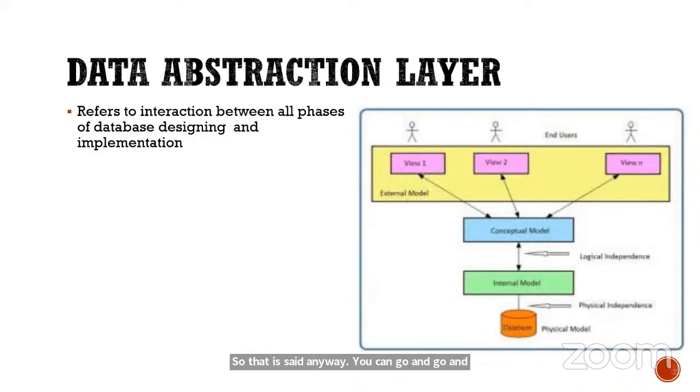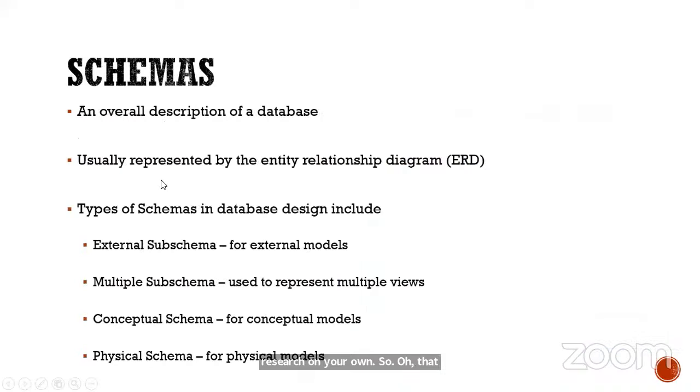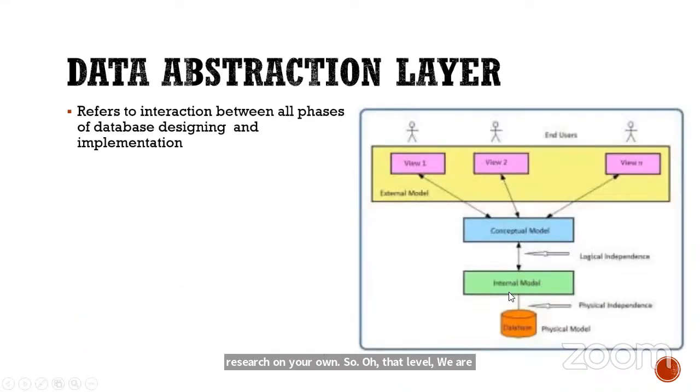At that level, we are looking at the software they'll be using to manage their data and their conceptual model. Now, after they have their software, they then move to the physical model.